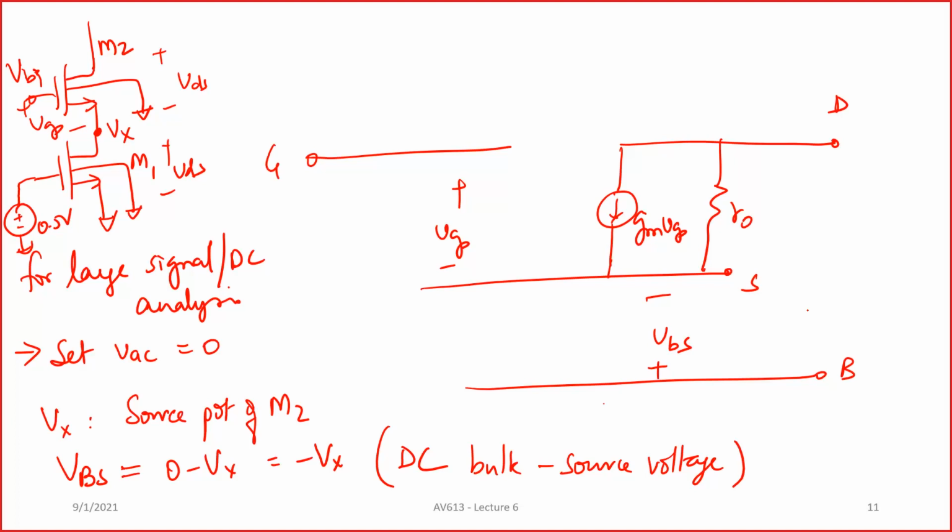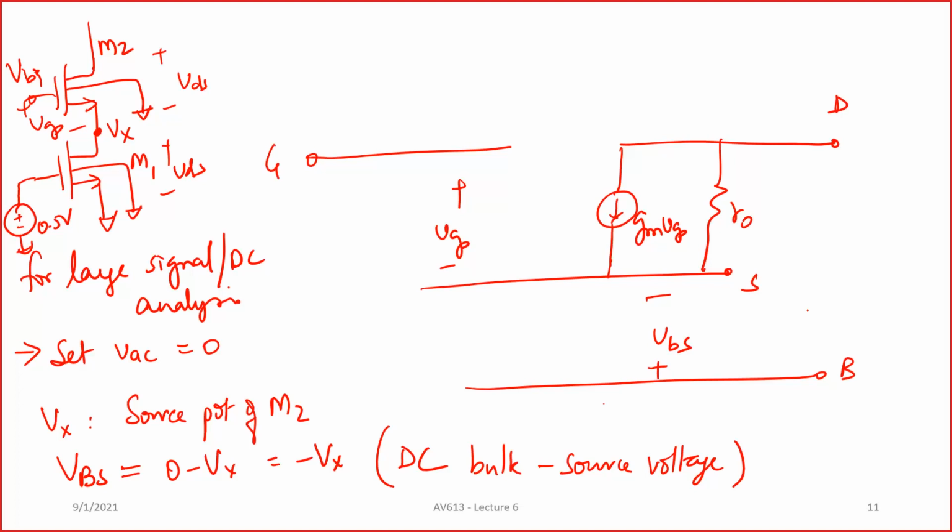So VBS is 0. I just gave an example of a particular scenario where your bulk is at a different potential. It's not only in cascodes, you will see certain other circuits also where this happens, but mostly in cascodes you do definitely find this. It means that VBS only varies in multi-stage transistor circuits, we can say. Why don't you wait for a few more lectures?